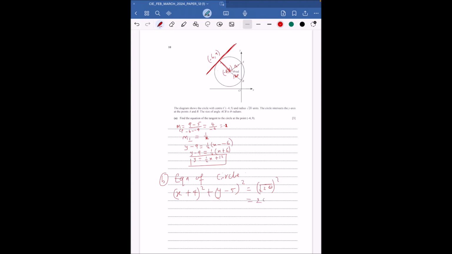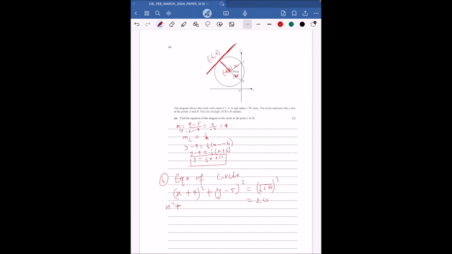So this is 20. x squared plus 8x plus 16 plus, what am I doing now? So you multiply that.